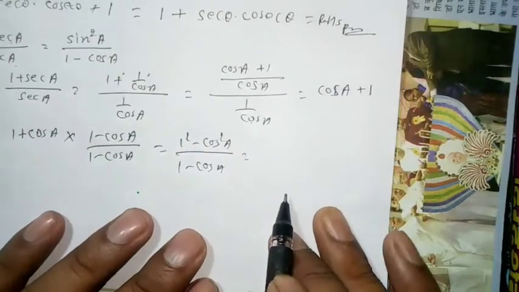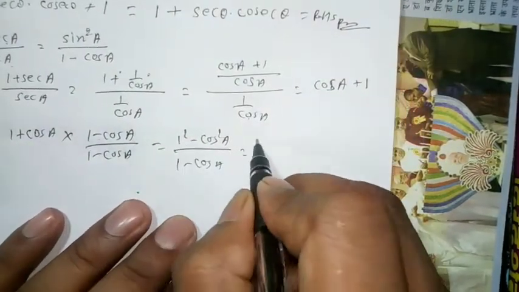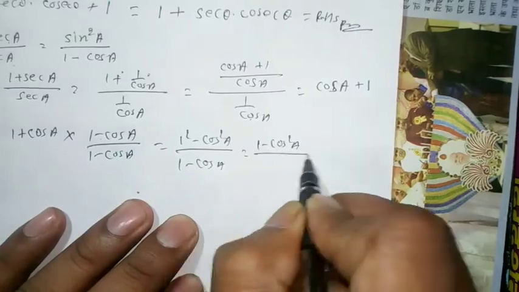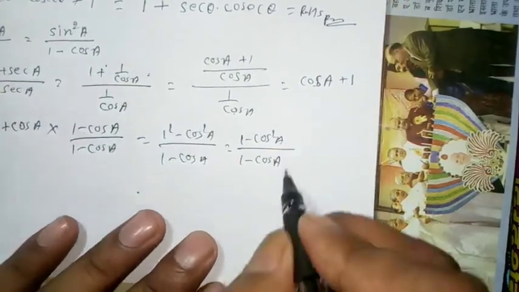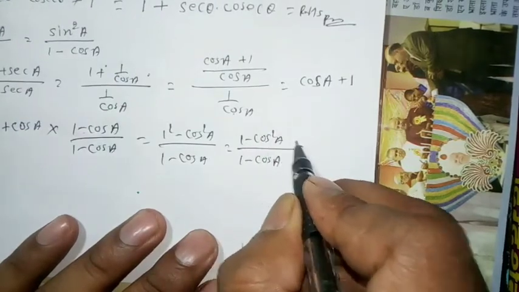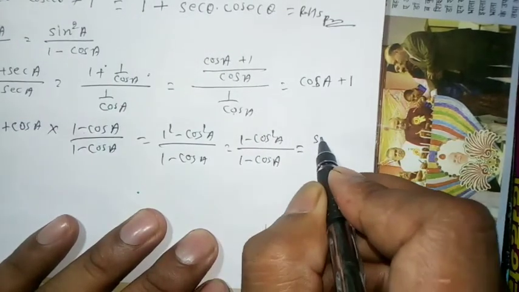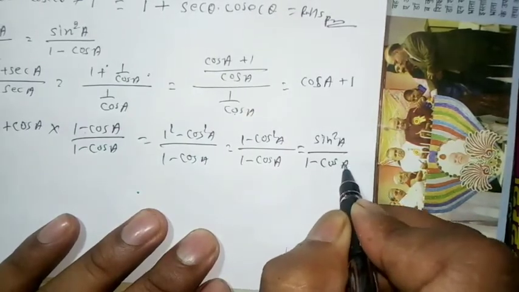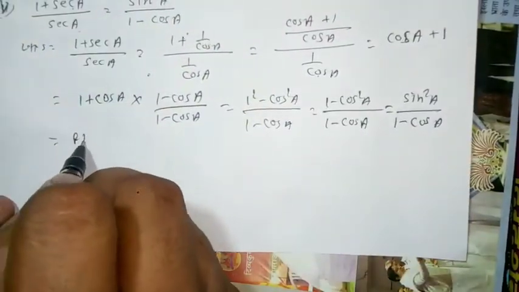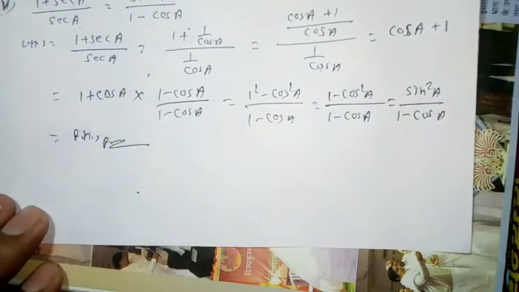That is equal to 1 minus cos square a by 1 minus cos a. Since 1 minus cos square a is equal to sin square a, we get sin square a by 1 minus cos a, which is equal to RHS. Proved.